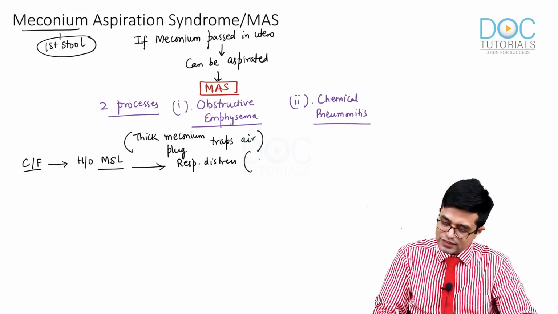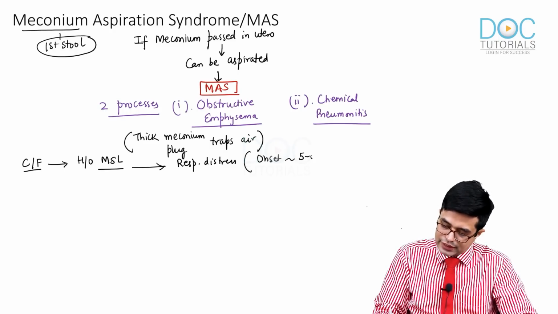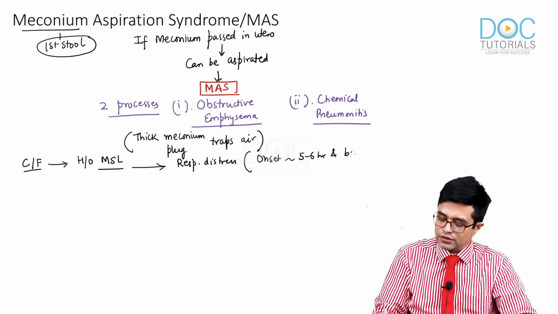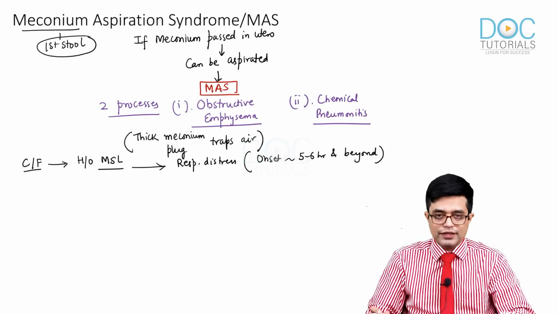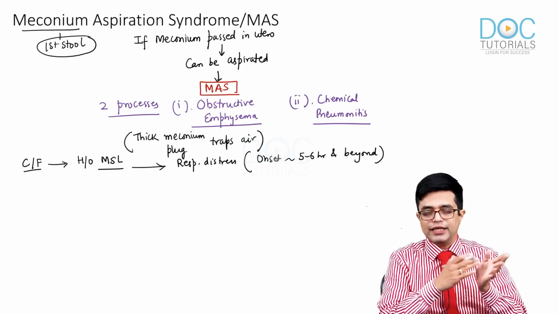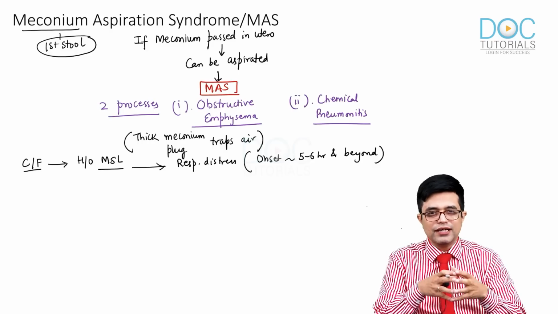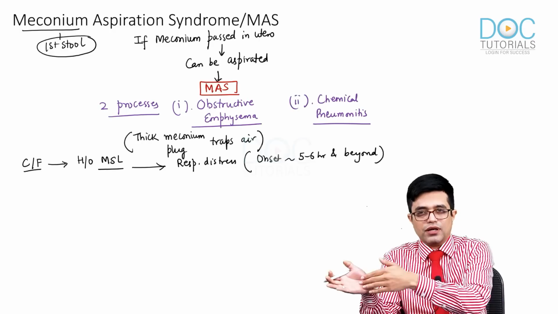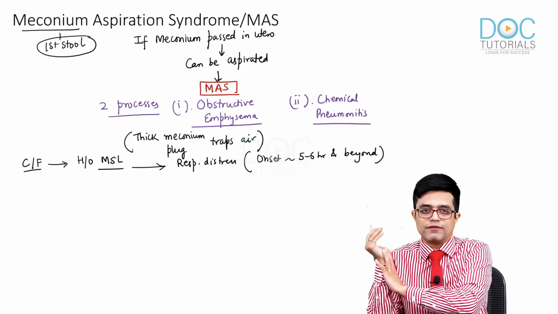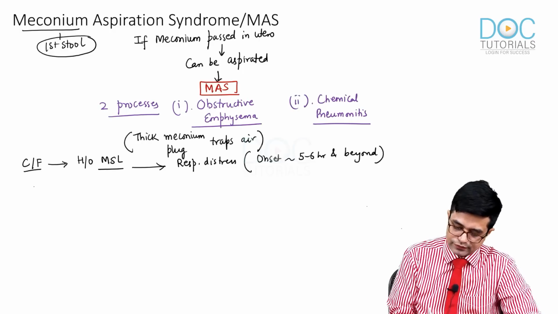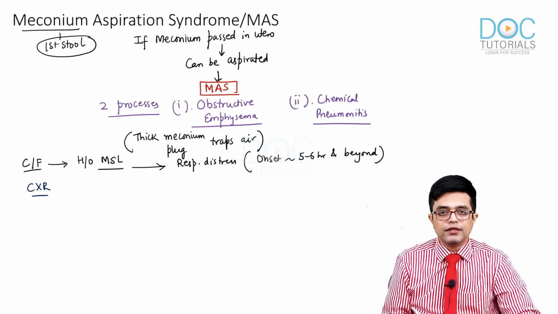But the respiratory distress onset is usually around 5 to 6 hours and beyond. It does not manifest early in the first 6 hours as you see in patients with HMD. So books say 5 to 6 hours, but practically in 90% of cases the distress starts beyond 6 hours of life. When you do a chest X-ray, you will find 3 things.